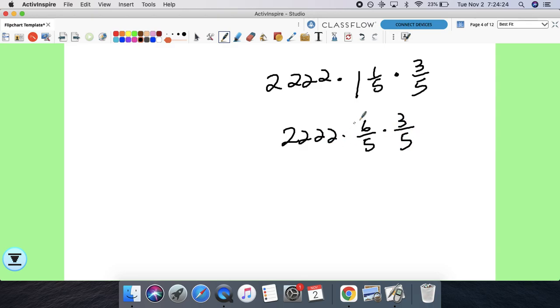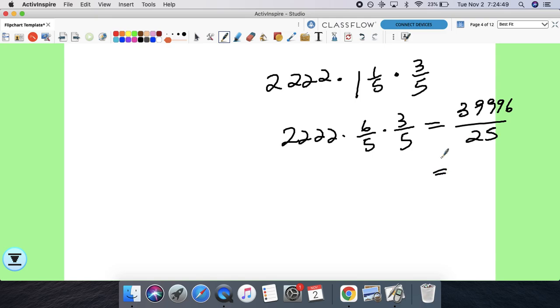Is there an advantage doing fractions? Can I simplify anything? No, doesn't look like I can simplify anything. So this would be just 25 on the bottom, and on top it would be 18 times 2,222, which equals that much.